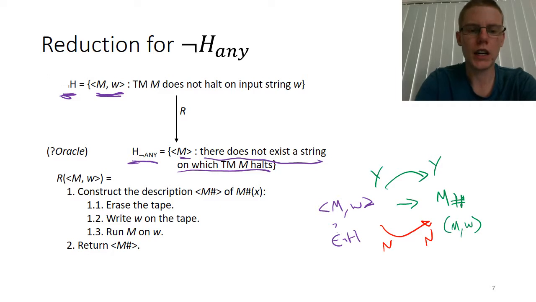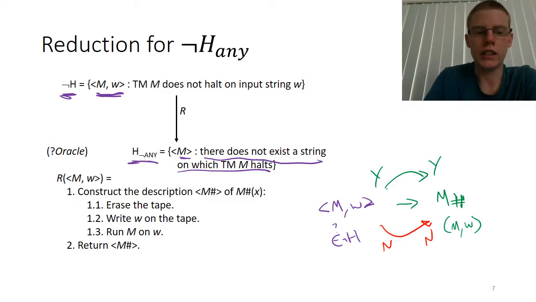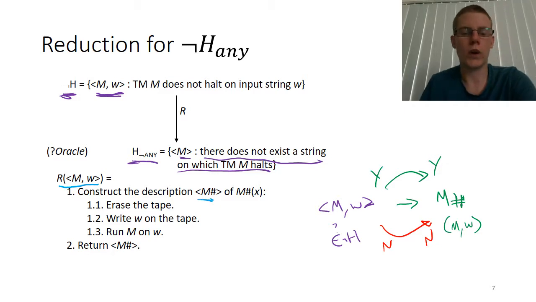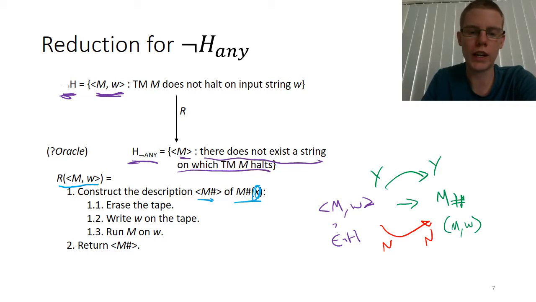So, our particular reduction here will take our instances of the halting problem, and it'll construct our instances M hash, and the way M hash will operate is upon being given its own input X, it will erase its own tape, so it'll get rid of that input X completely.